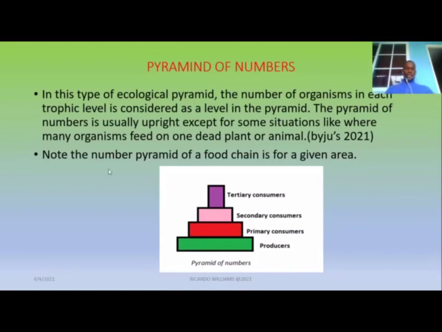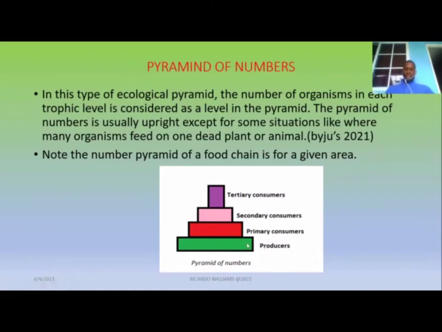Good. And usually we draw this upright, and as you can see in the picture right here, the producers in green, primary consumers red, and secondary consumers and tertiary consumers go on and on.